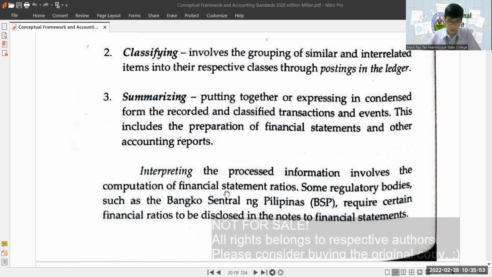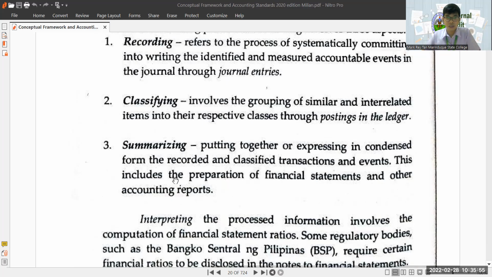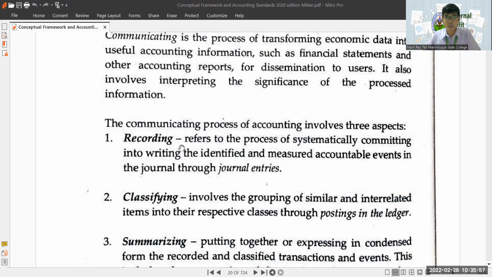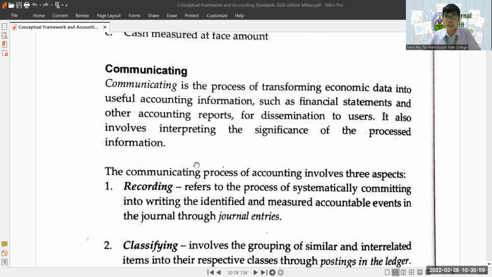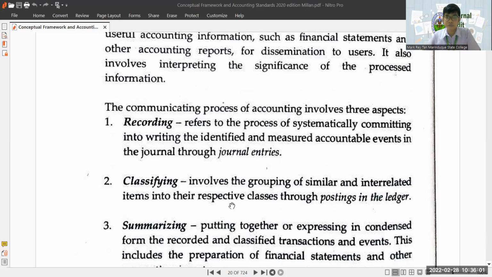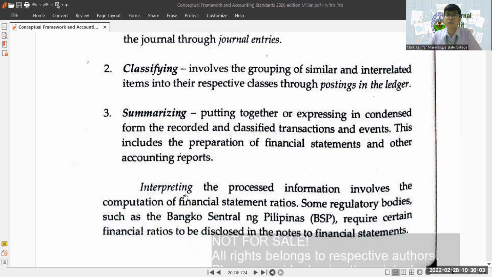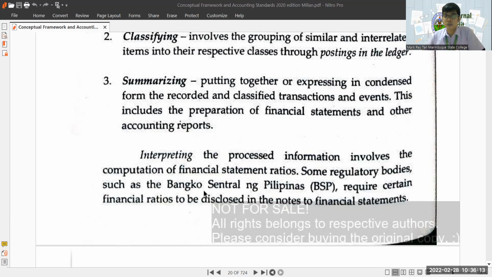Based on the definition of communicating, it also involves interpreting. In terms of process, you're done with the FS, so the next thing to do is to interpret the content of the FS, the information that it shows.